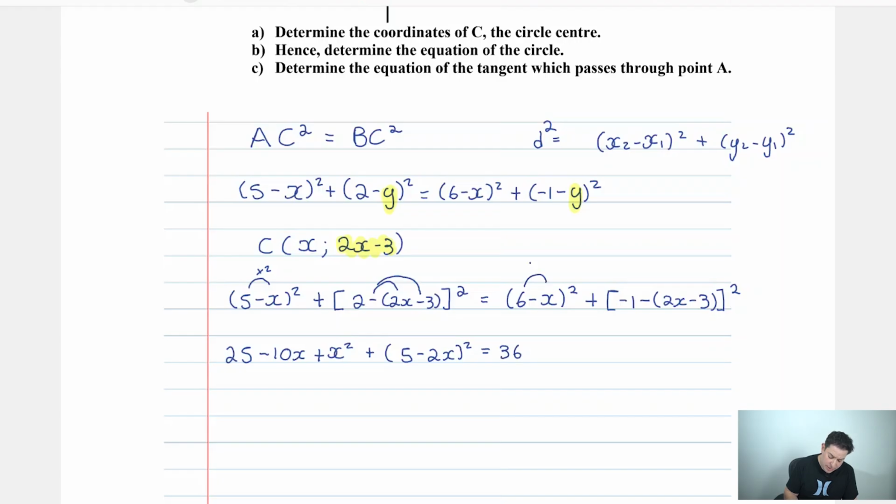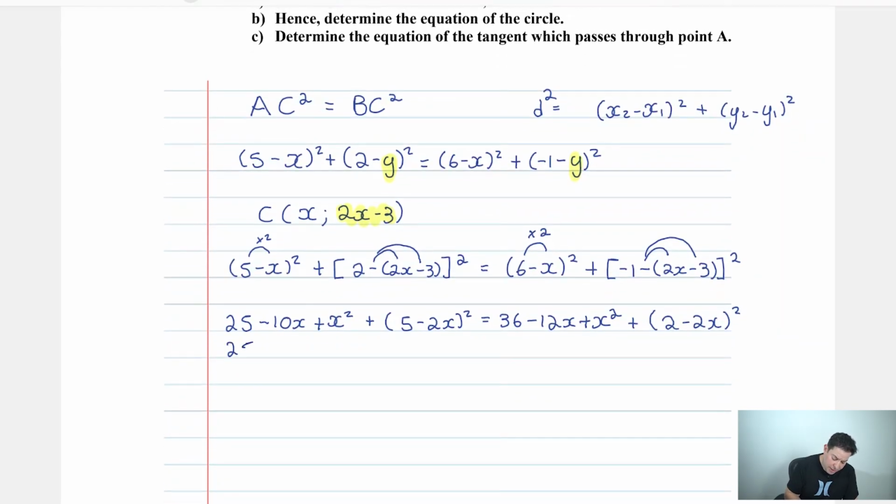Don't forget your middle term, multiply by 2, so it's minus 6x minus 12x plus x squared, because we're squaring. And then again, I'm going to simplify this bracket, so it's minus 2x plus 3, minus 1 plus 3 is 2 minus 2x, all squared.